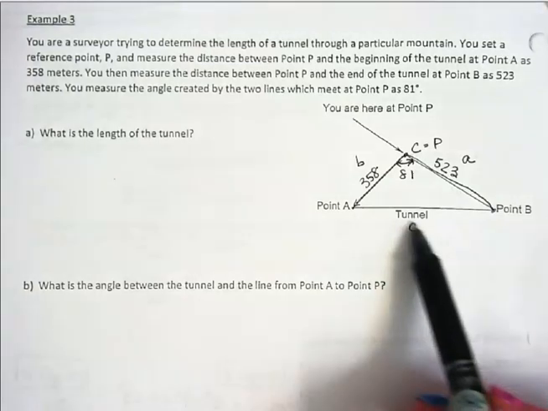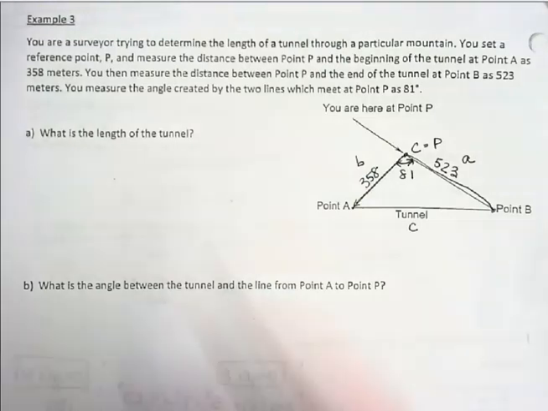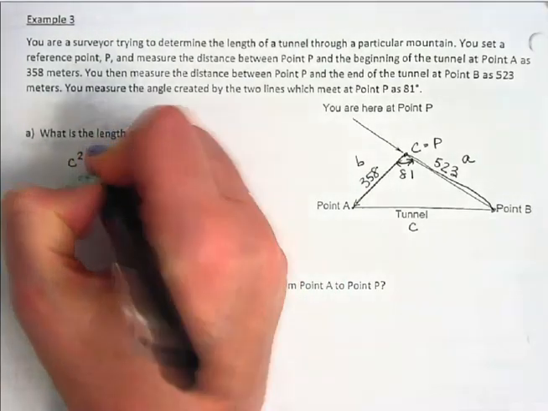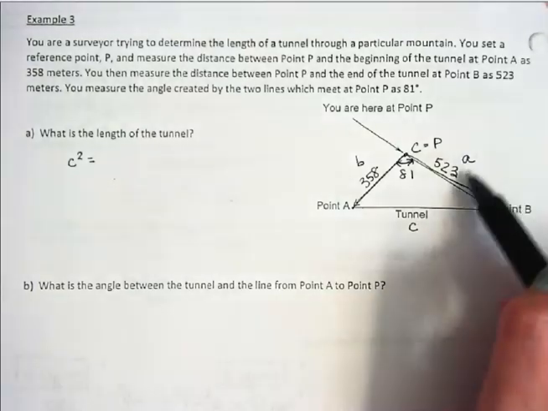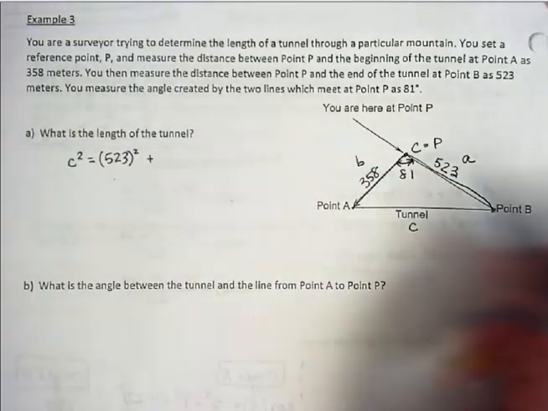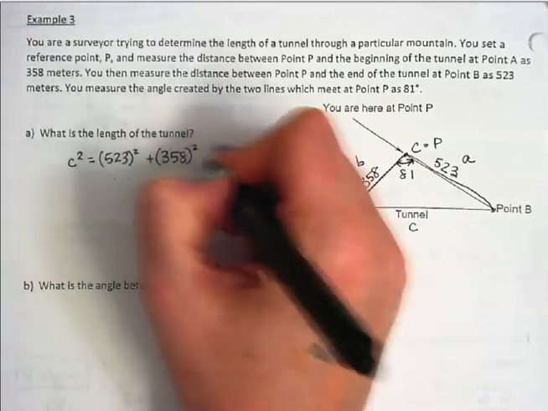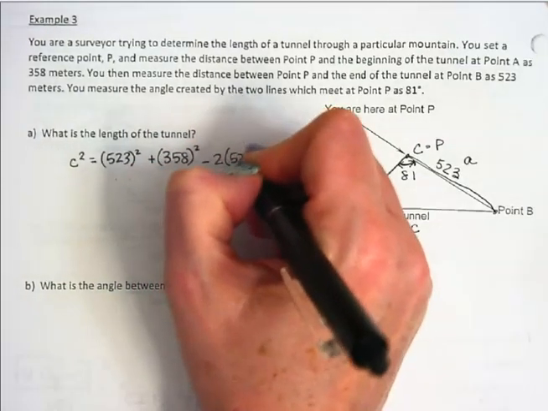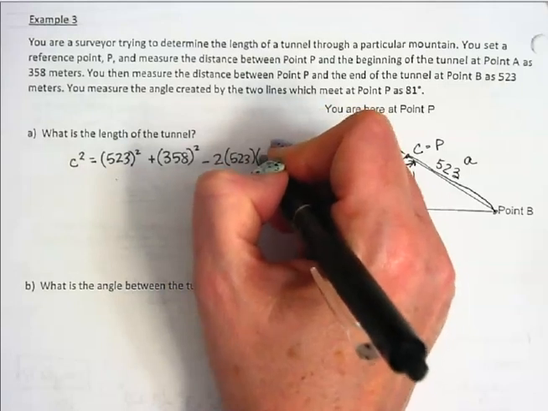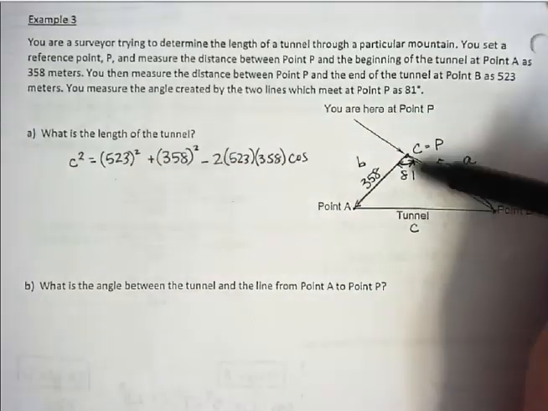So I'm asked to find the length of the tunnel, which is side C, so I'm going to use this formula right here. This is for finding side lengths. So C squared equals A squared. My A is 523. Plus B squared, which is my 358. Minus 2 times A times B times cosine of angle C, and I do know what angle C is.